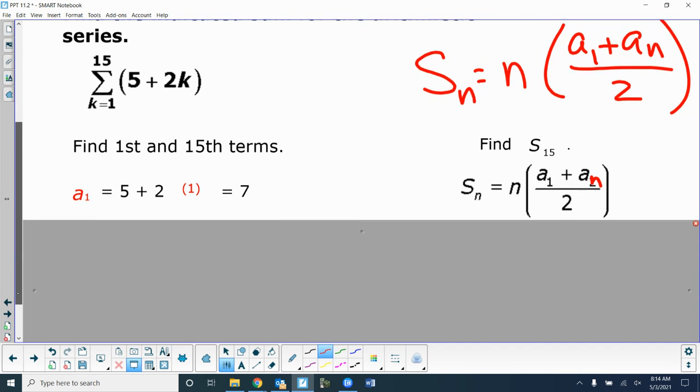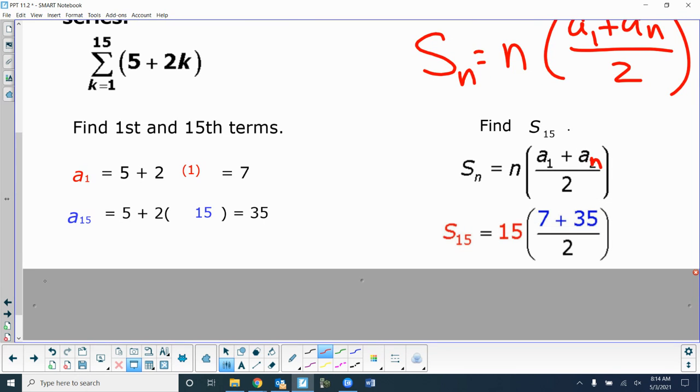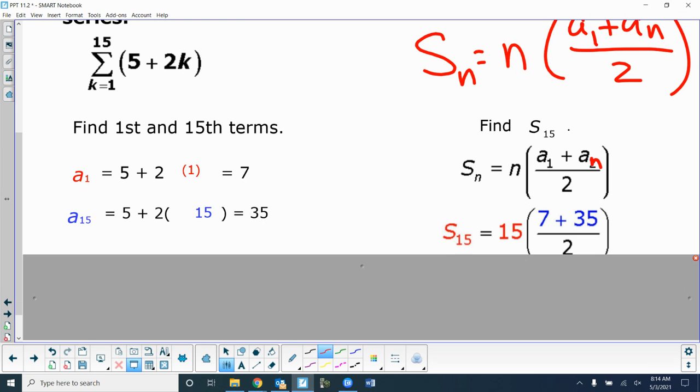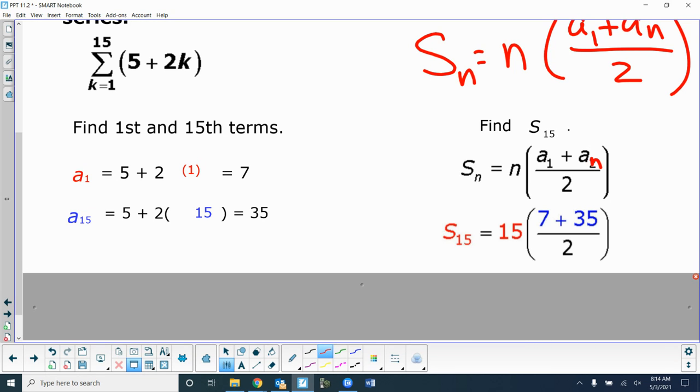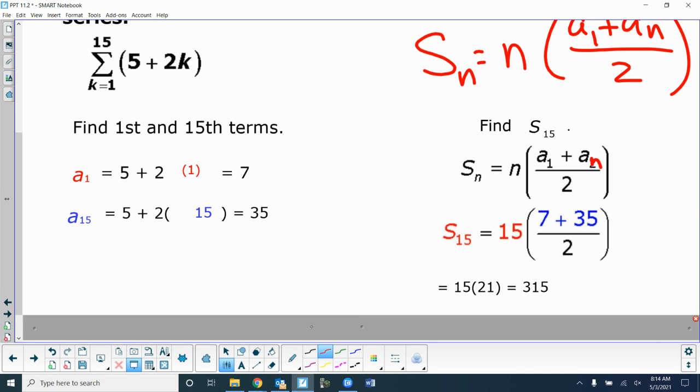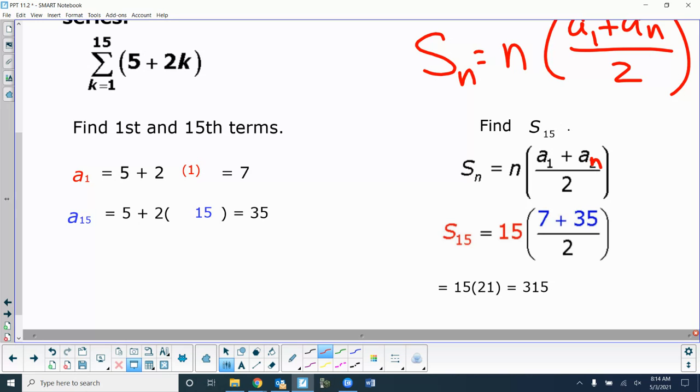So the first term was 7. Again, 2 times 1 is 2, plus 5 is 7. And then 2 times 15 is 30, plus 5 is 35. And then you plug into the formula over here. 42 divided by 2 is 21 times 15 is 315.